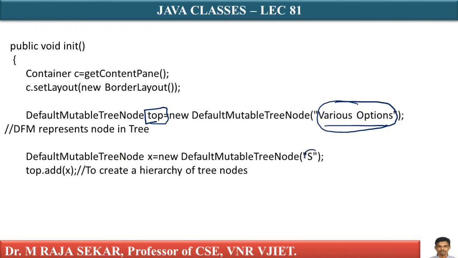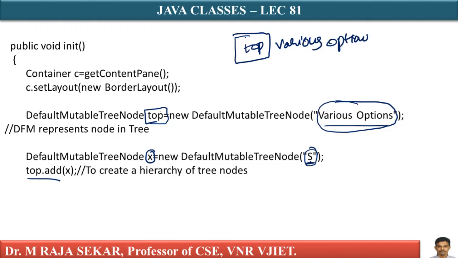Now I am creating another tree node, that is S. This is top, this is X. top.add(X). What is top? Top is the node whose name is various options, just try to recall.